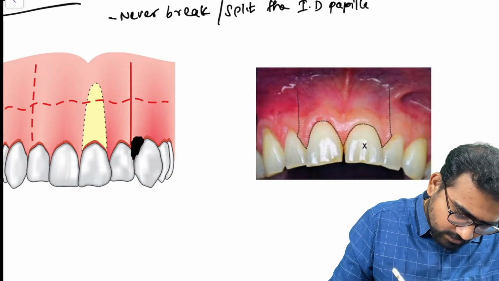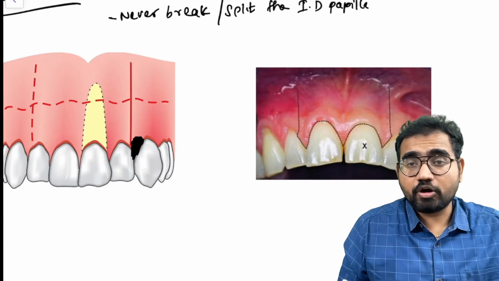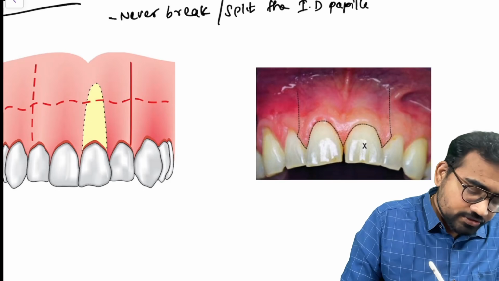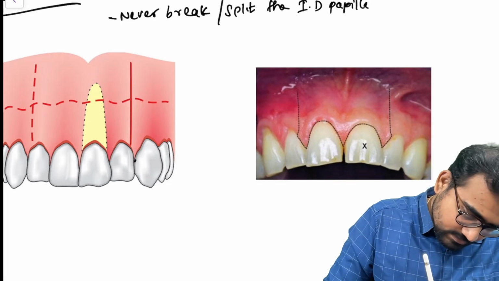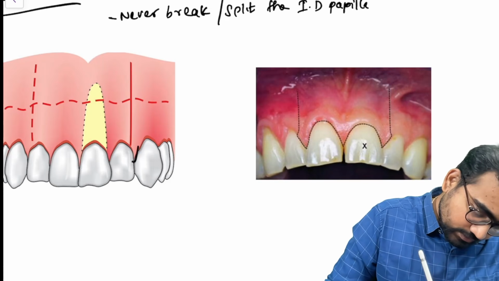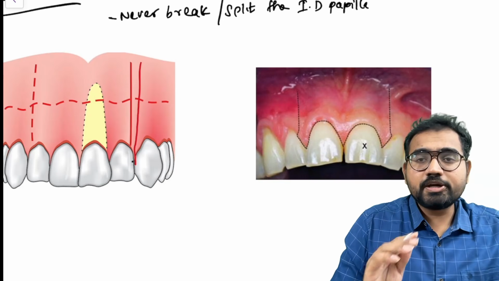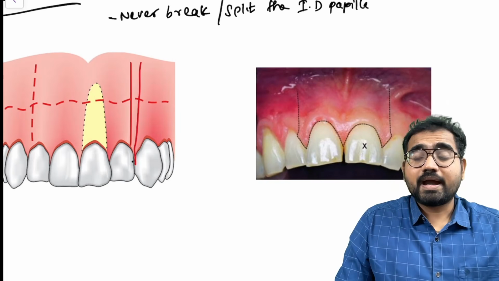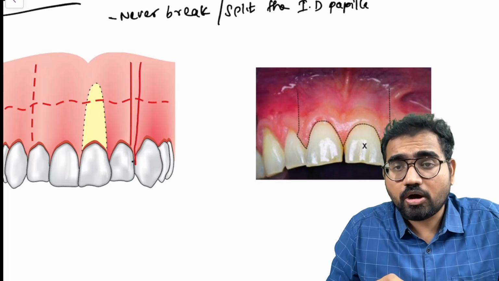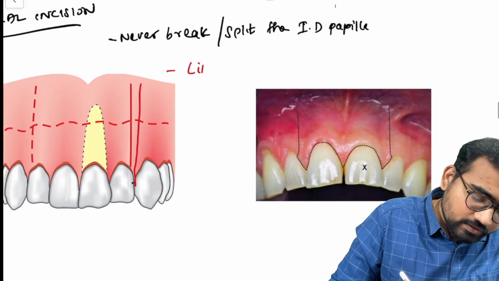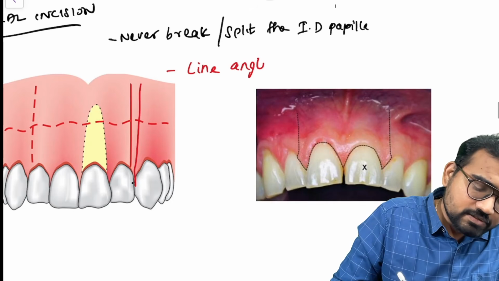The mesial papilla of the canine has been excluded. I am not involving the papilla. Your incisions should never be like this, splitting the papilla. Either you involve the papilla or exclude the papilla, and the incision should be along the line angles of the tooth.